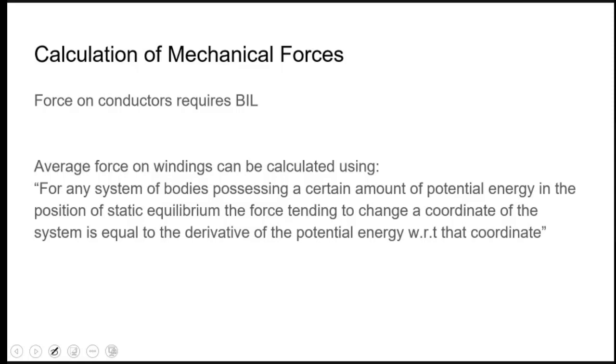Now here there is a definition given to you. Average force on windings can be calculated using the following theorem, which states that for any system of bodies possessing a certain amount of potential energy in the position of static equilibrium, the force tending to change a coordinate of the system is equal to the derivative of the potential energy with respect to that coordinate. This is in magnitude, not in direction.